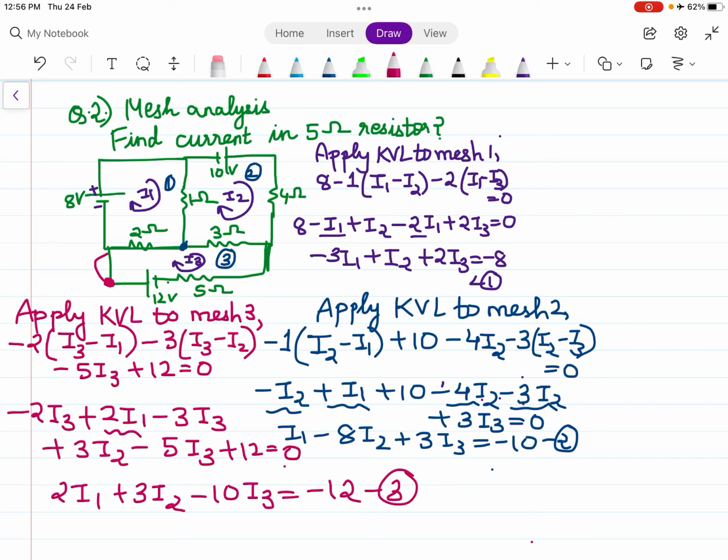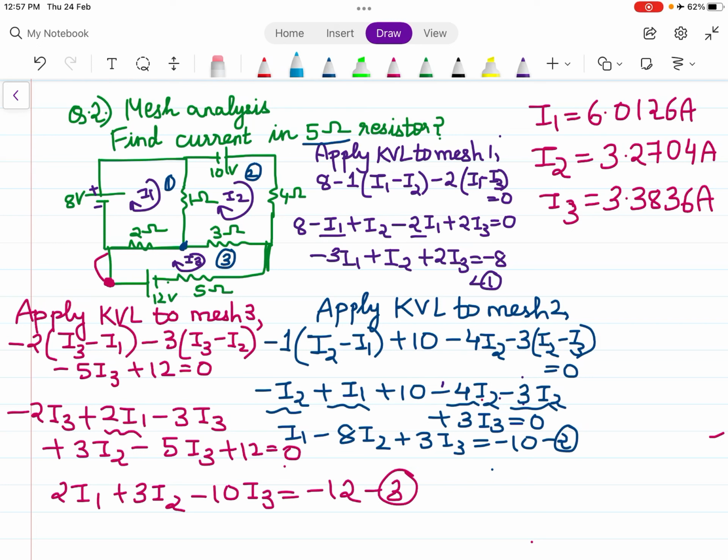So I1 is 6.0126 amperes. I2 is 3.2704 amperes. And I3 is 3.3836 amperes. So they have asked the current flowing through 5 ohms.